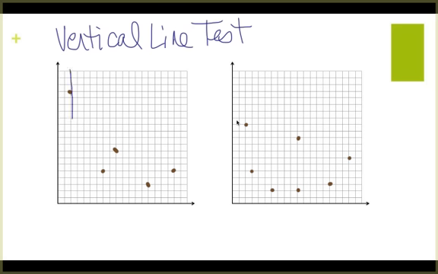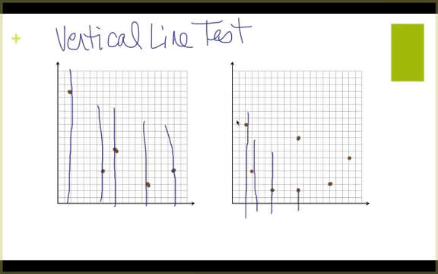So if I draw a vertical line, and mine are not going to be very straight because I'm doing this fast, if I draw a vertical line through any point, I only always hit one point. And this one, even though those two are close, assuming I'm drawing perfectly vertical lines along these, there I hit 2 points. So this is not a function.